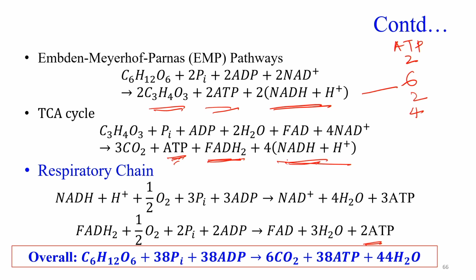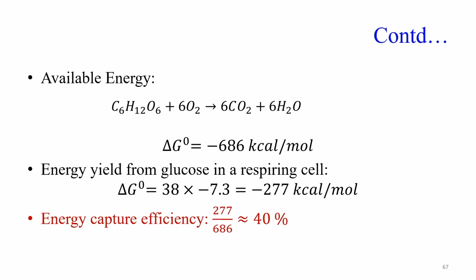Further, there are 4 NADH and each NADH gives 3 ATP, so this becomes 4 into 2 into 3, 24. So, the total becomes 38 ATP molecules. You can see overall glucose is converted to carbon dioxide and water along with 38 ATP molecules.